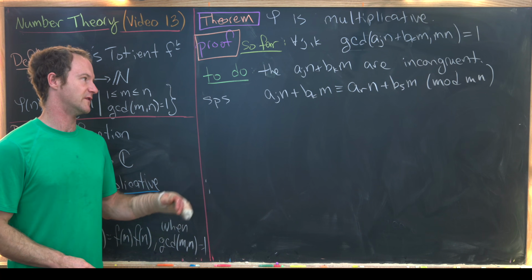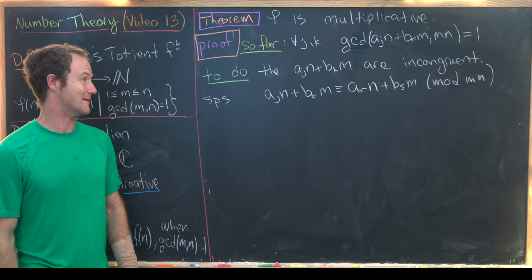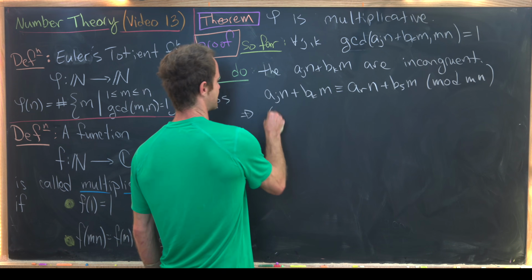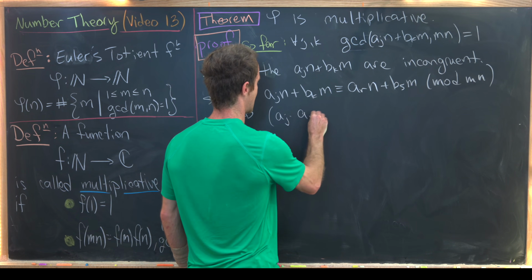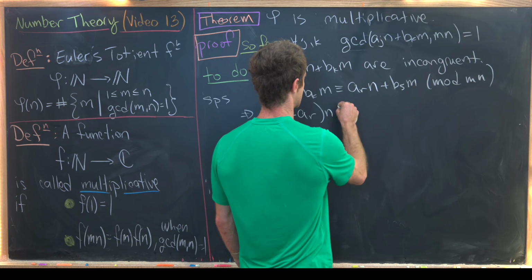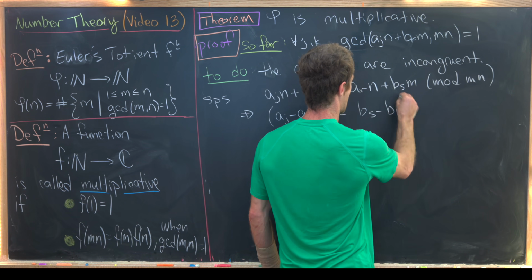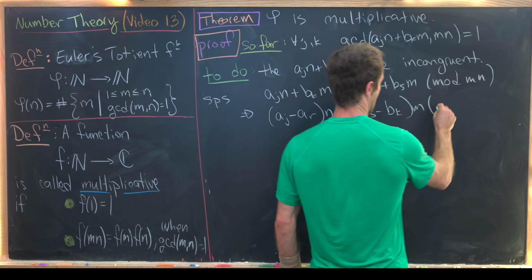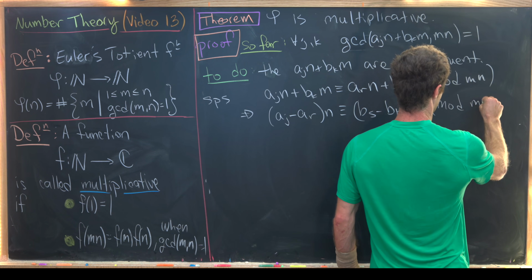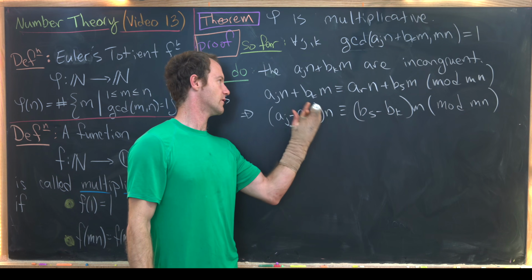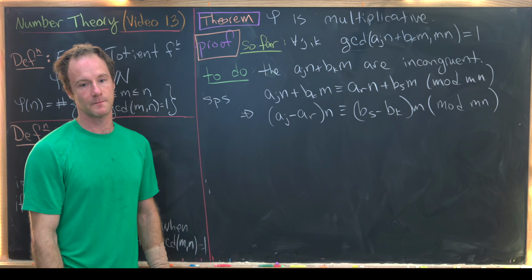So we've got a multiple of n on one side and a multiple of m on the other side. So that's going to give us something like AJ minus AR times n is congruent to BS minus BK times m. And that, again, is all happening mod mn. So that's just moving this AR over and that BK over.